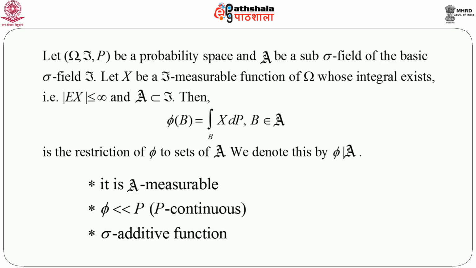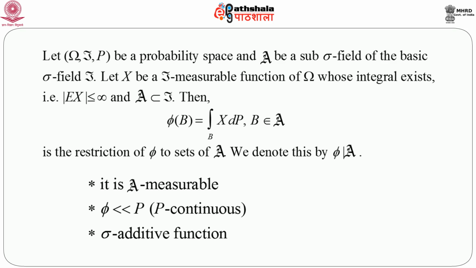So this φ(B) is a restriction of φ to sets of A, and we denote this by φ given A, or φ conditioned on A. So here comes the additional information through A.